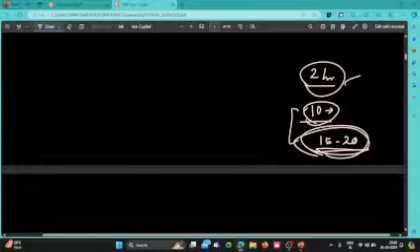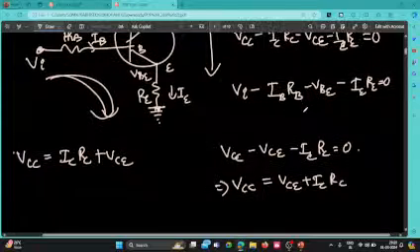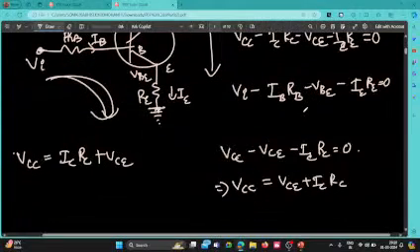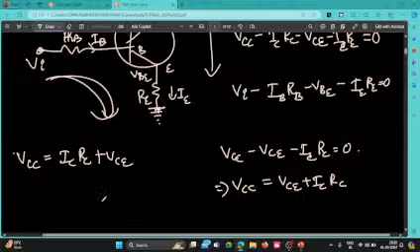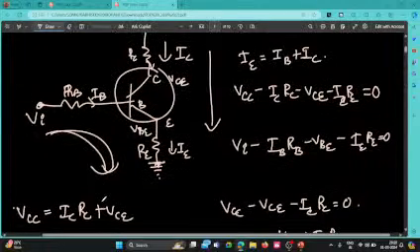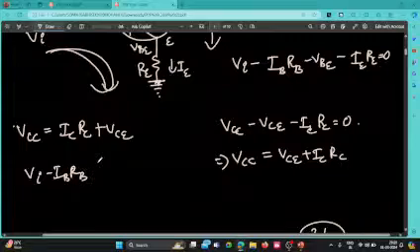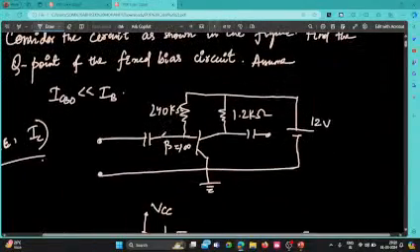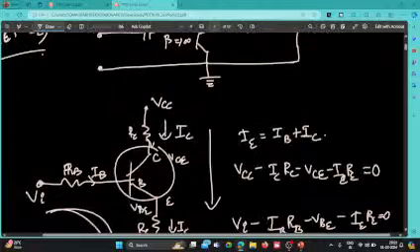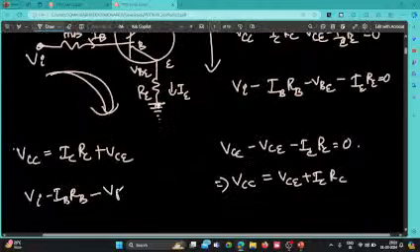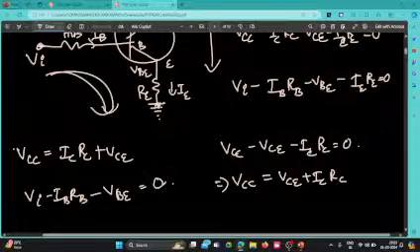So I was saying VCC is equal to VCE plus ICRC. Now, from the other side, I can write VI minus IBRB minus VBE is equal to 0, right?